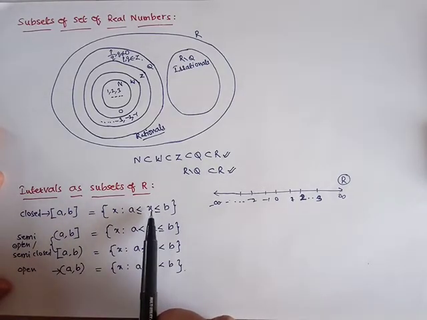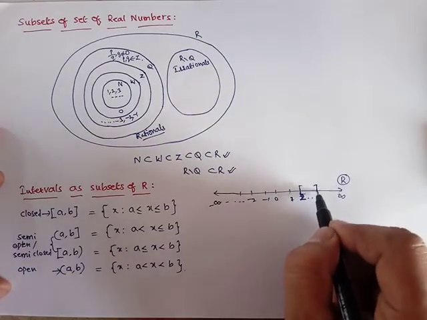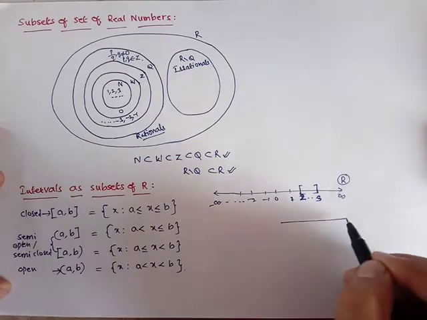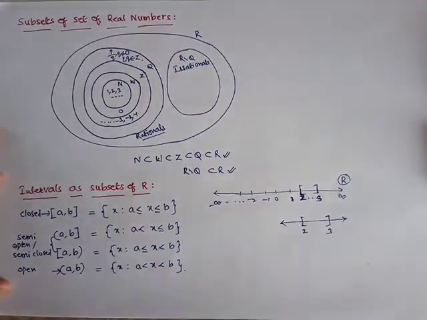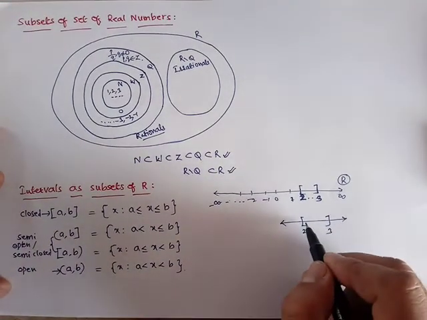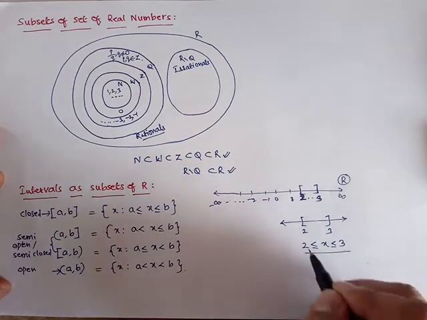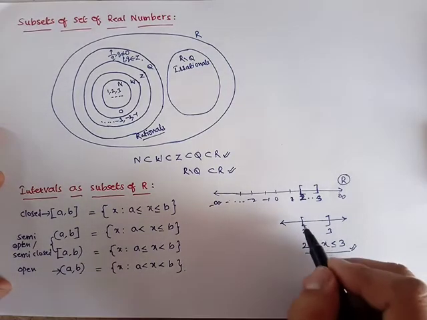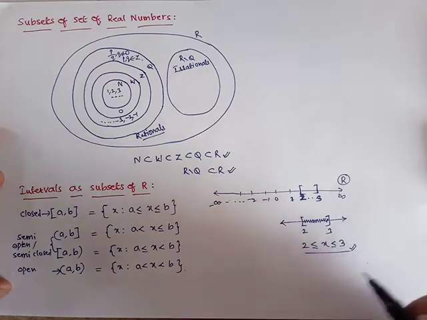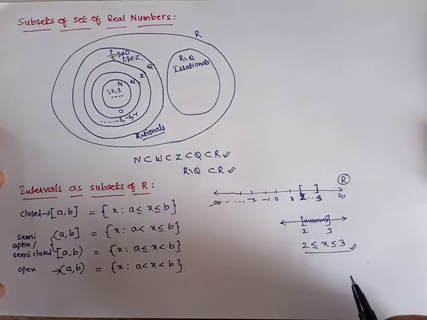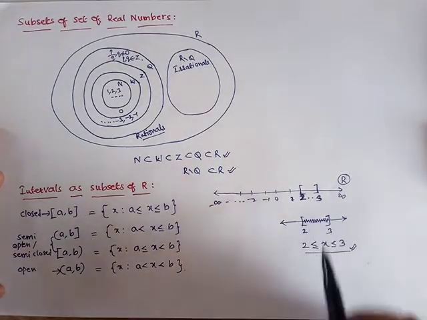So if I wanted to consider 2 to 3, these parts are going to be 2 ≤ x ≤ 3. 2 and 3 both are included, and the middle ones also, like 2.5, 2.7, 2.9 and so on, are included in the closed interval, including 2 and 3 also.